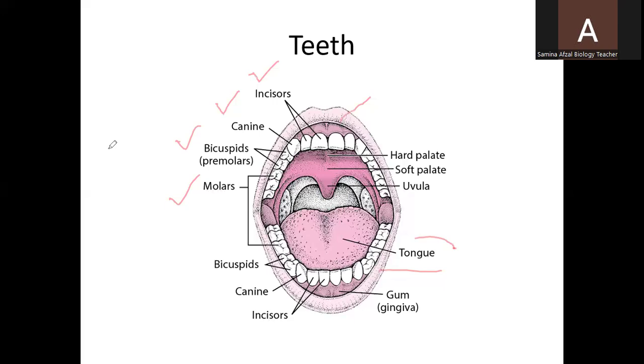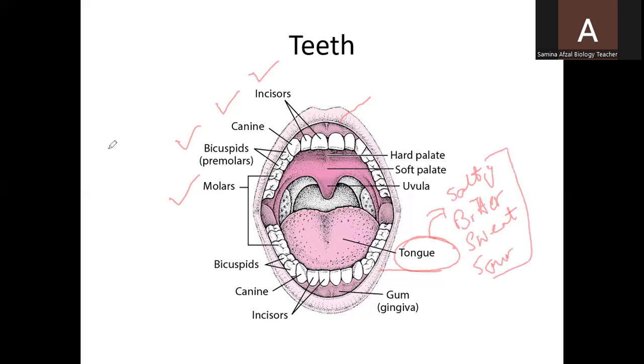You can see the tongue is also there in the mouth, and the purpose of the tongue is to sense the different tastes of the food, for example salty, bitter, sweet, sour, and miscellaneous.